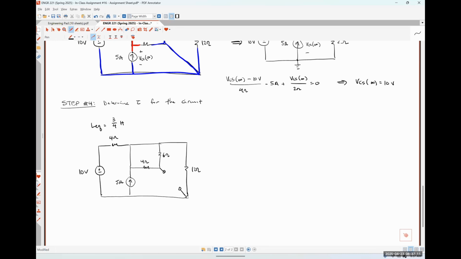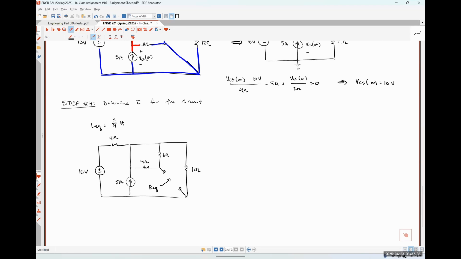So just to be clear, whenever I'm finding the REQ for my circuit doing transient analysis, I'm taking my equivalent energy storage element out of the circuit. So it doesn't matter if it's a capacitor or an inductor. I'm simply removing it from the circuit, leaving behind an open circuited set of terminals. I'm looking into this set of terminals to find REQ.